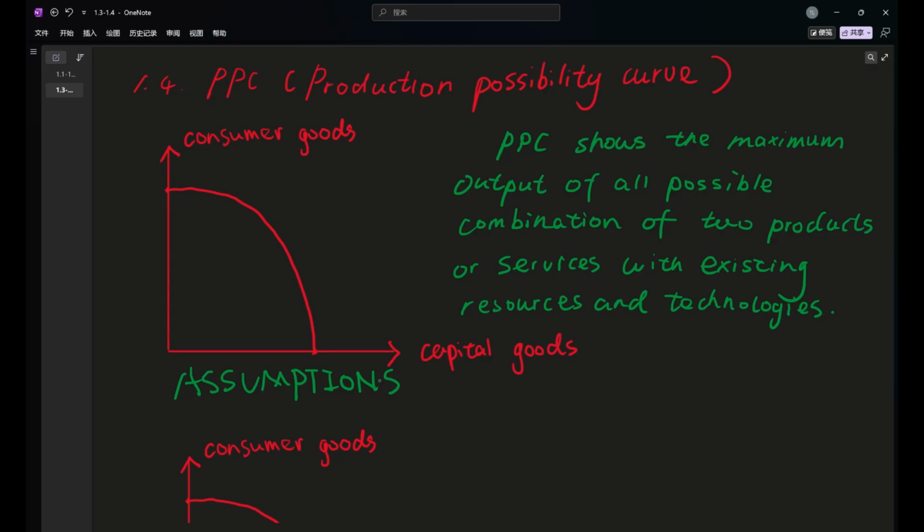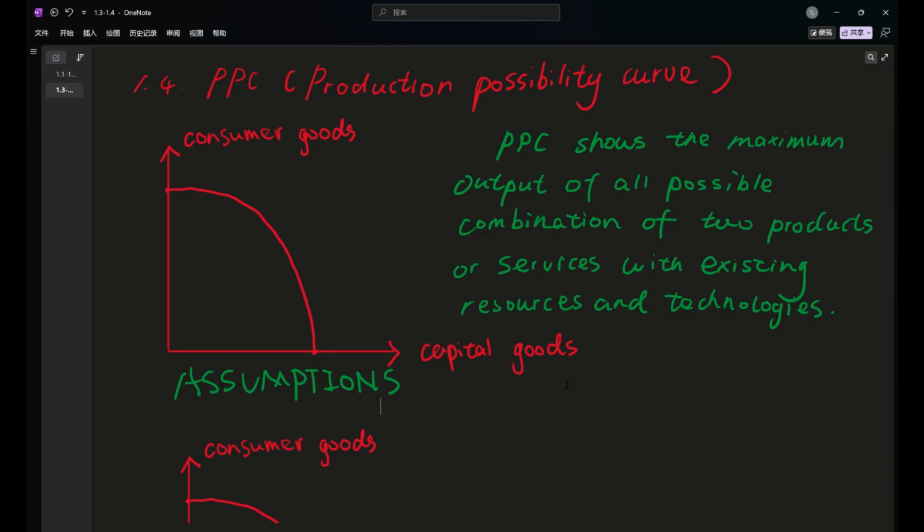PPC has a very considerable amount of assumptions. You can find it in this simple definition. You can take a few minutes to identify them, okay?